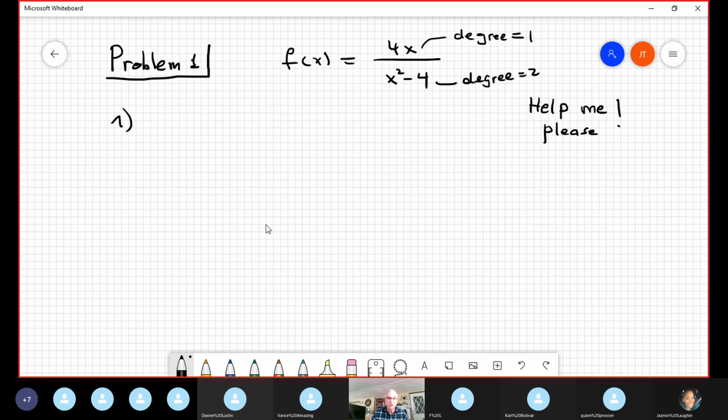Oh, factorization. Very, very well. Okay, this is my function, and the factored form is 4x. It's a monomial, stays the same, but this is a difference of squares, x squared minus 4, and the factorization is (x - 2)(x + 2), plus or minus. Yeah. The factored form.